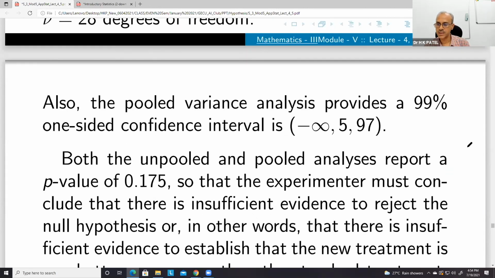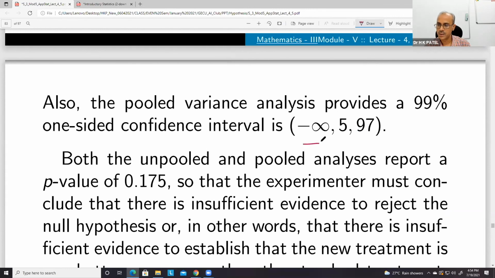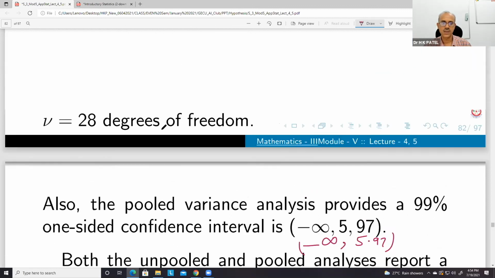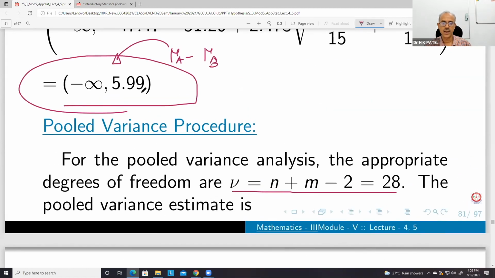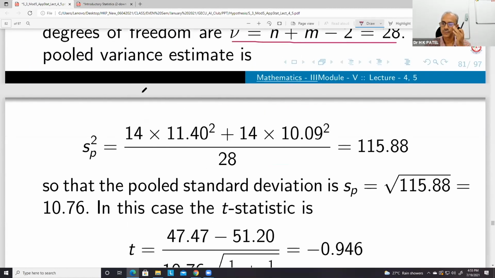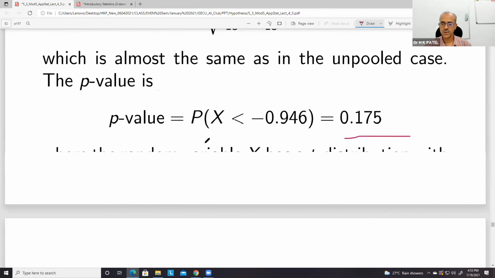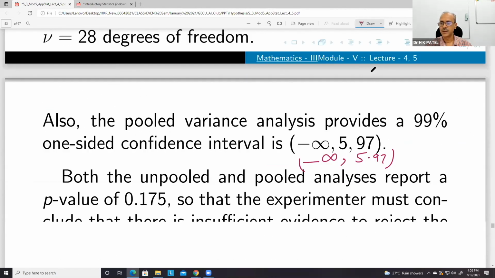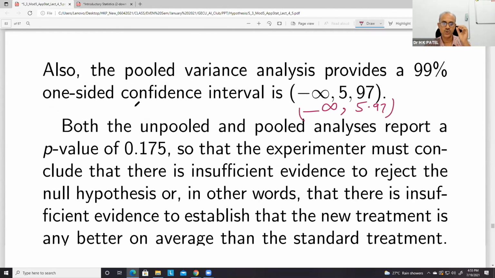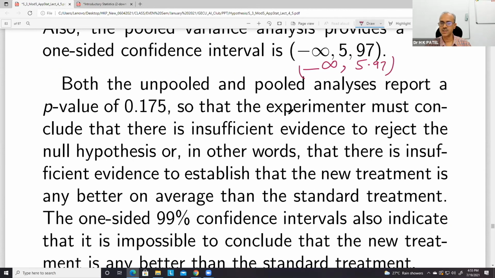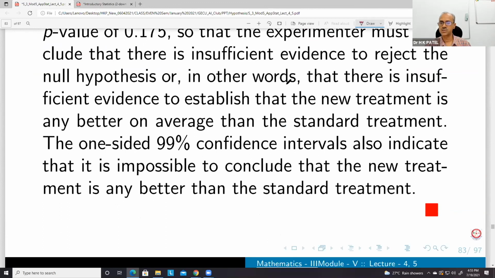The confidence interval is minus infinity to 5.97, while before it was 5.99, so there is a very slight difference between the two approaches. Both the unpooled and pooled analyses report the same p-value. We must conclude that there is insufficient evidence to reject the null hypothesis, and therefore we accept.